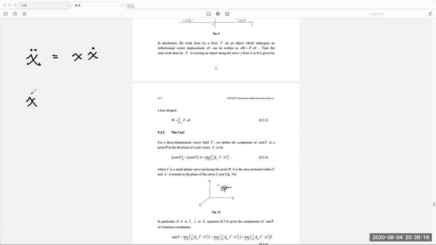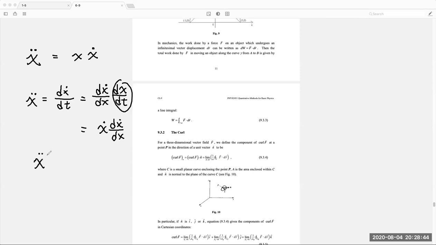So x double dot means the derivative of x dot with respect to time t. We can use the chain rule to write it, and then this one actually is x dot. Actually, I made up this question on purpose. So x double dot equals x dot times dx dot over dx.